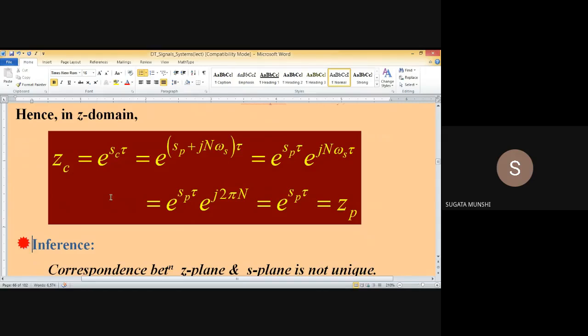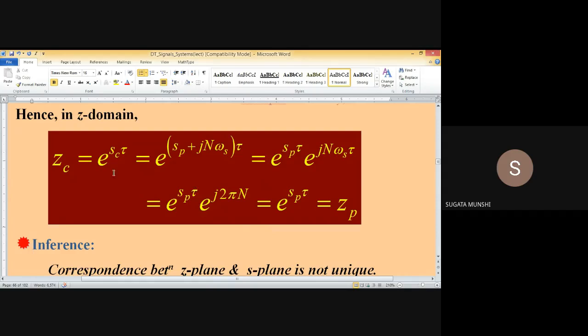But doesn't it also show, from what we have observed in the last few lines, that left half of every complementary strip also, each and every complementary strip, its left half will map into the complete interior of the unit circle centered at origin in the Z plane. That is what we have observed.